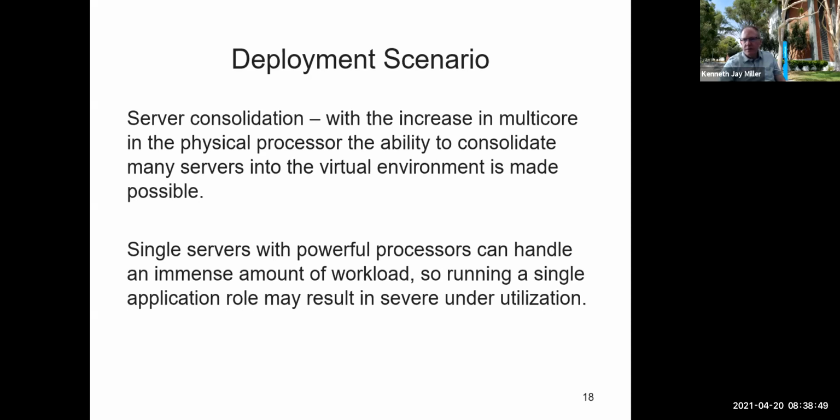So are we getting the most bang for our buck, right? Are we using all of our resources? Are we getting, as some of the accountants will say, return on investment? Those kinds of things can be greatly improved and maximized with virtualization. So that's what this slide is talking about here.